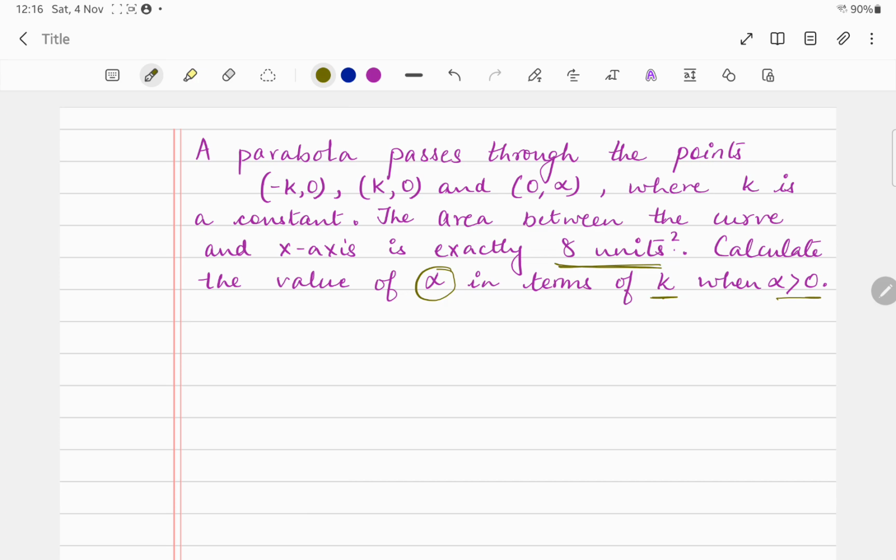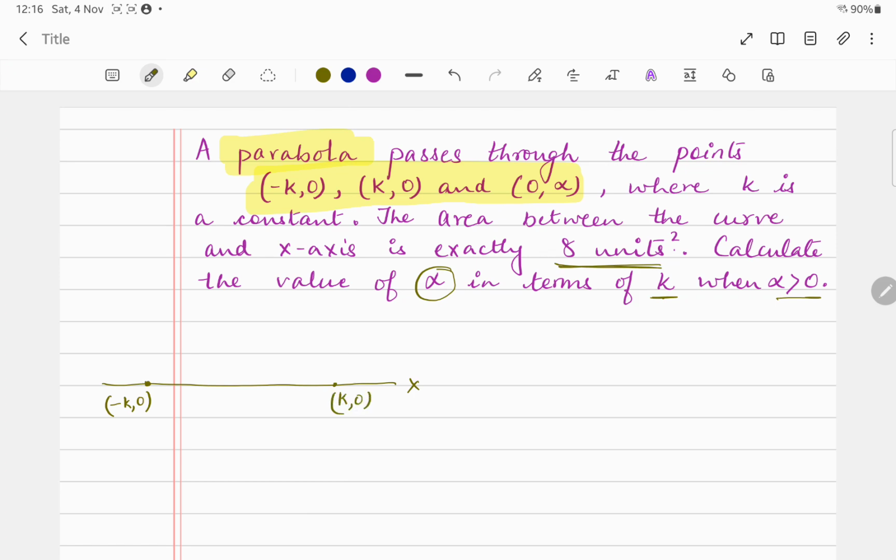So they have given us the information that it's a parabola, and it passes through these three points. So let's start with that. If I have that as the x-axis, let us suppose that is my point (-k, 0), and that is my point (k, 0).